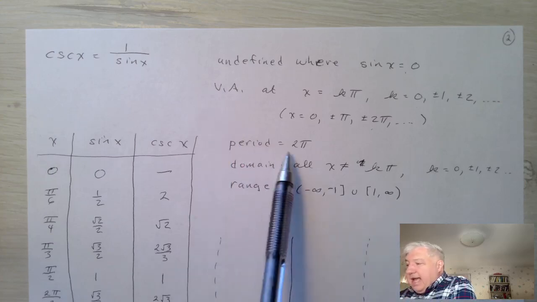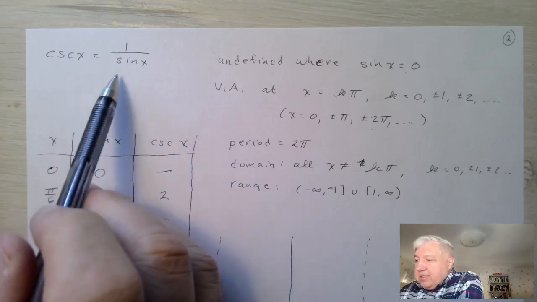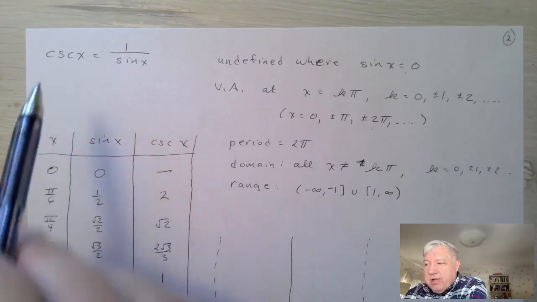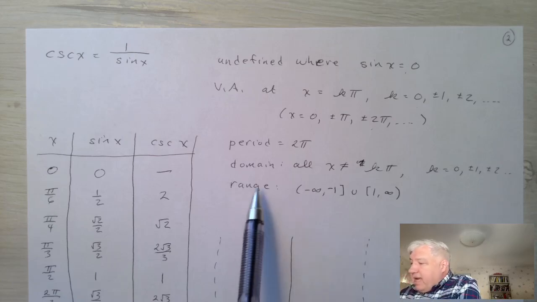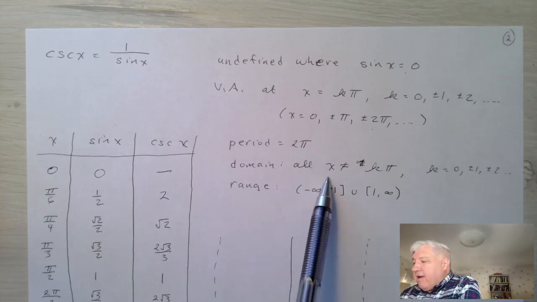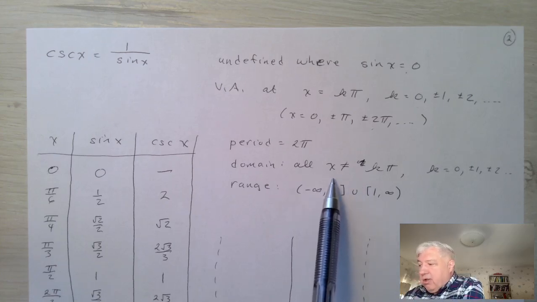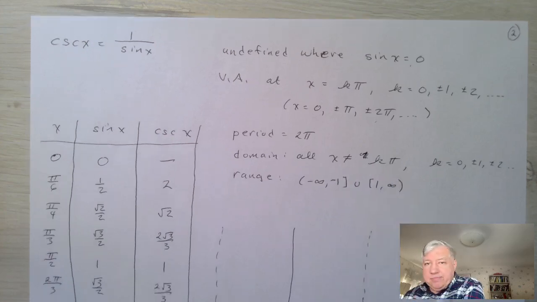The period again is 2 pi for the exact same reason, because the sine of x has period 2 pi, so the cosecant of x will have period 2 pi. The domain, of course, is all real numbers where we don't have a vertical asymptote, so that will be all x not equal to an integer times pi.